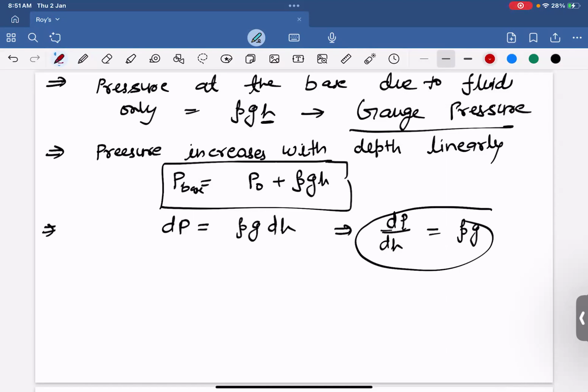One more thing you should understand. We have discussed how to find the pressure at the base.